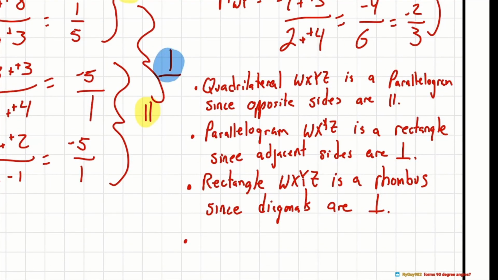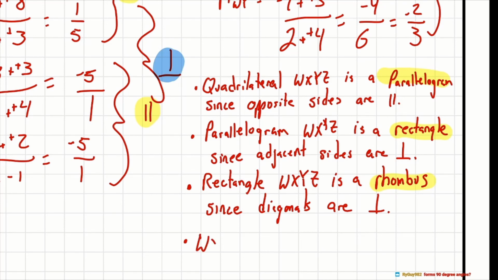And then we have one more sentence to complete the proof, which we can then say it's a square. Because notice what we've done so far. We said it was a parallelogram, a rectangle, and a rhombus. When a shape is all 3 of these, it is a square.